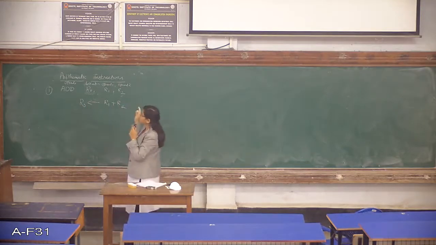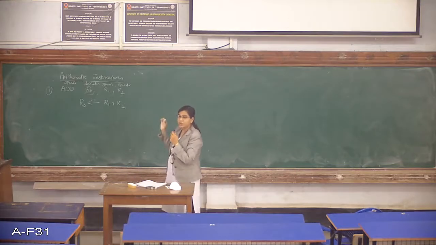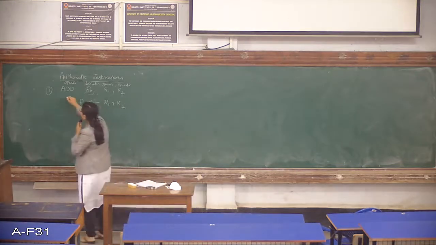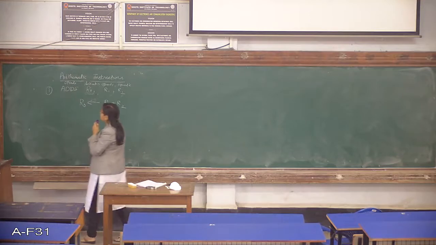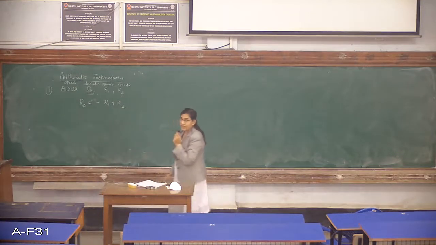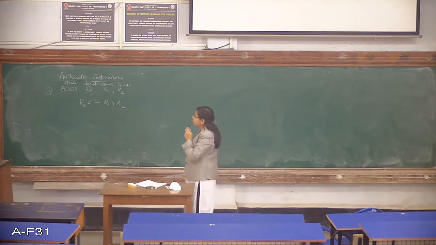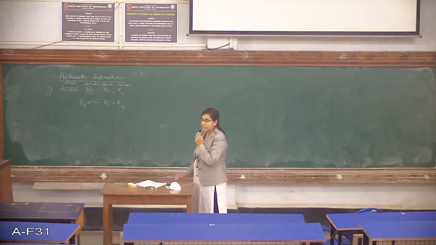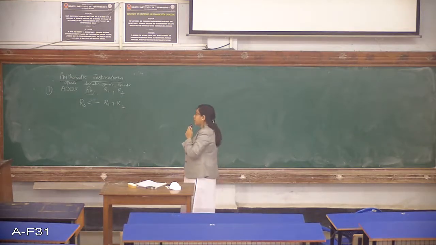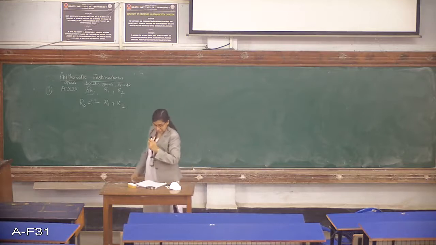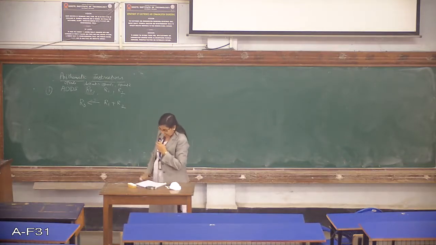So if you want the carry also to be reflected, we always write it as ADDS. If you write S, that means it will affect the status flag so that you can see whether there was a carry generated or not. If you don't write it, it will not show any carry generation. So this is regarding the add instruction.